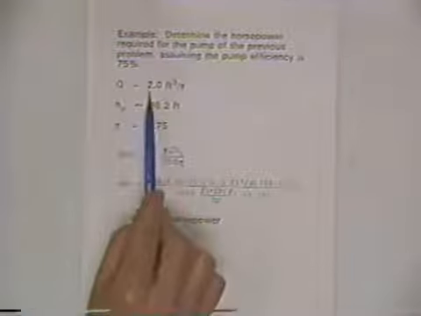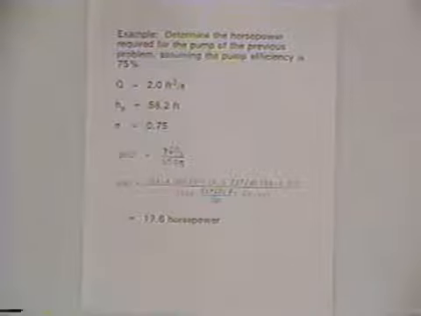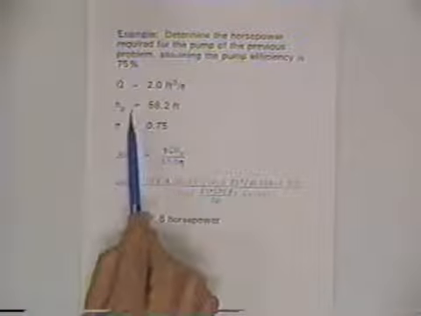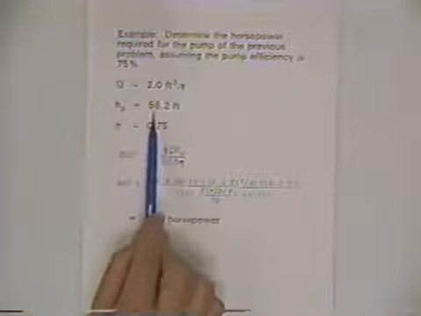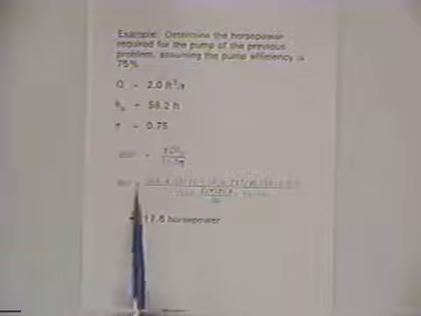So if we wanted to determine the horsepower required for the pump of the previous problem, assuming the pump efficiency is 75%, and in the example we just finished, we were given a discharge rate of 2 cubic feet per second, and we computed the pump head required to pump that discharge rate, and we got 58.2 feet. This problem's telling us that the efficiency is 0.75, and this is giving us some numbers to plug into the power equation.